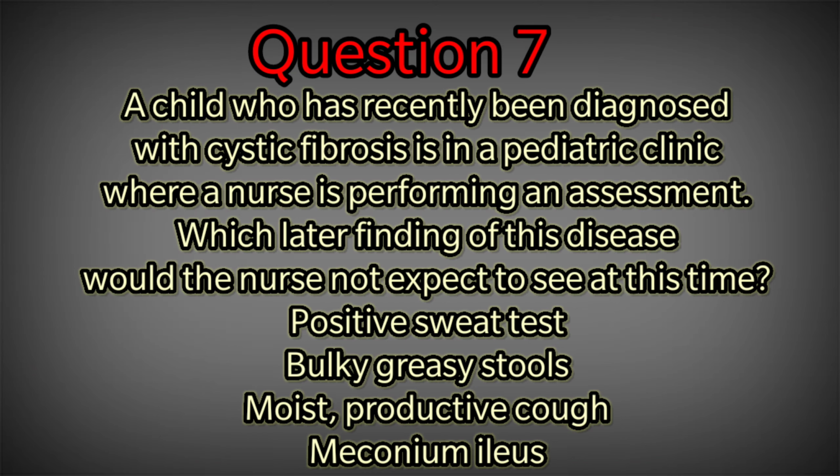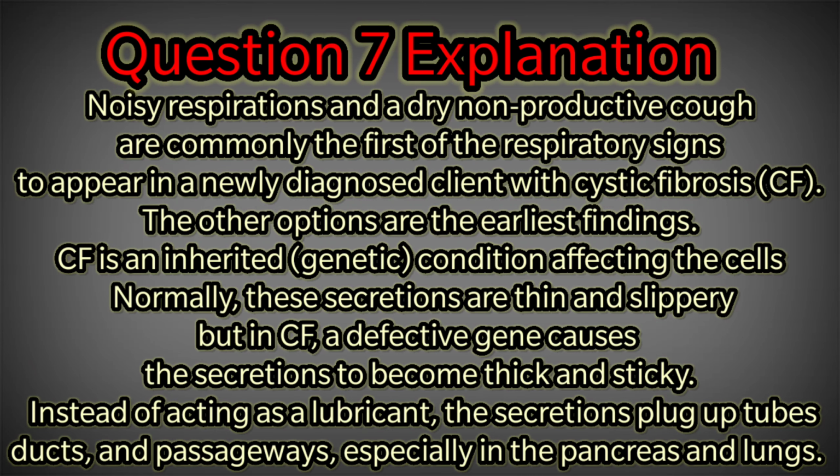And option D, meconium ileus. Explanation. Noisy respirations and a dry non-productive cough are commonly the first respiratory signs to appear in a newly diagnosed client with cystic fibrosis. The other options are the earliest findings.